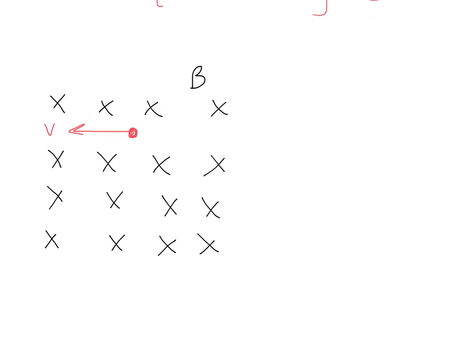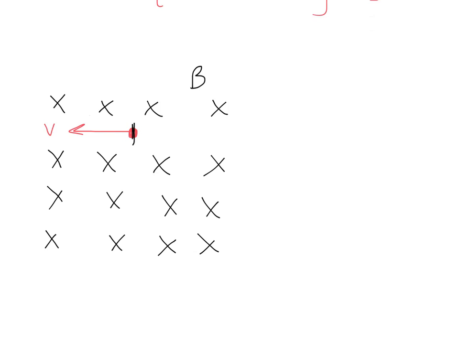Again, if the field is into the page and the velocity in this case is to the left, then the force acts down. Again, the palm would face down on a positively charged particle.